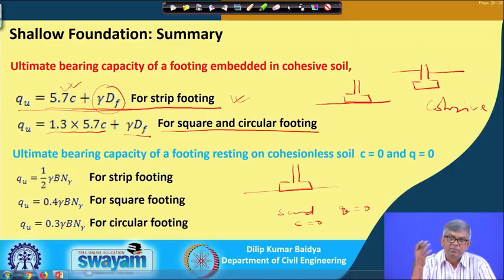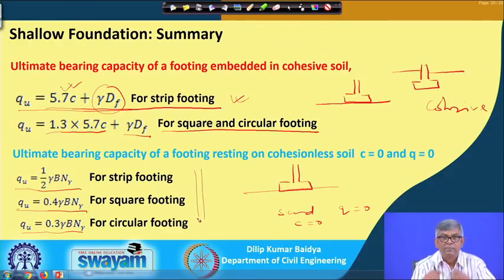If you take Terzaghi's equation for strip, then Q ultimate becomes half gamma B N gamma; for square footing you will see 0.4 gamma B N gamma; and for circular footing from Terzaghi's equation, it is 0.3 gamma B N gamma when it is on the surface. So, this is the footing on the surface of a cohesionless soil, and these are the equations.